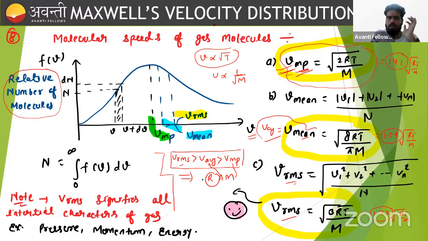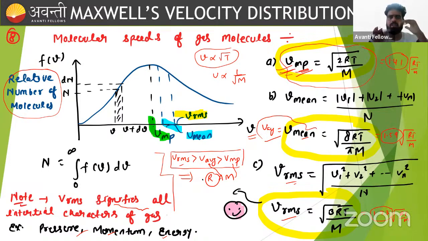Yes or no? We are most interested in RMS velocity, just like in an alternating current circuit, because this signifies the behavior of the gas, like pressure, momentum and energy, which are described by the RMS velocity. It means we are more interested in finding the RMS velocity.